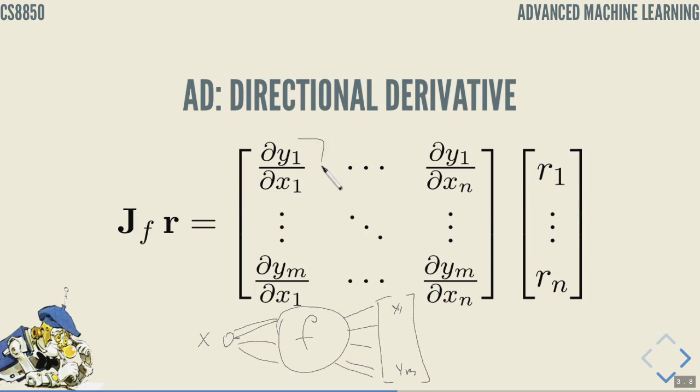So your Jacobian in this case is just one vector, and every component is d1 by dx, d2 by dx, through dm by dx.